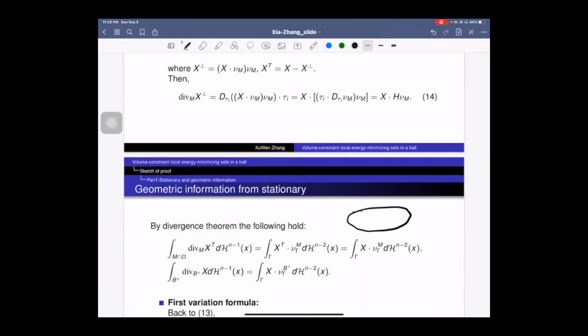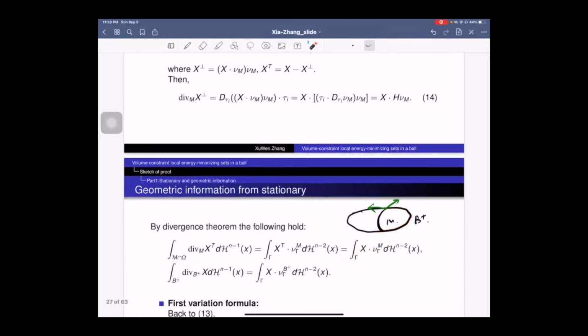For example, if this is M, this is B plus, and we can use the divergence theorem to see that the integration of this is the integration of X dot with the conormal nu_{gamma,M}, integrated over the boundary. And for B plus, it's the same.